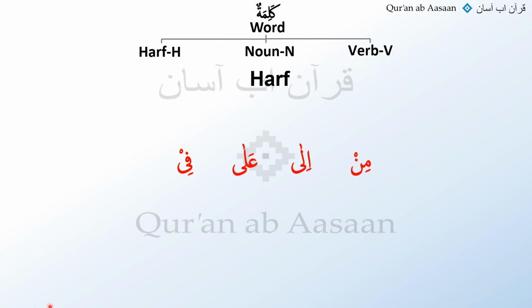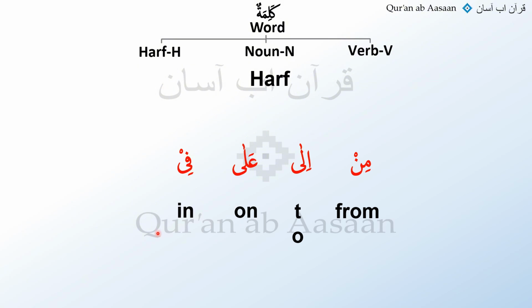Some of you have already written in the chat box that they are harf, and you may not remember now clearly, but we saw the meanings of these words in our first lesson too. It's okay if you can't recall. I'll show you the meanings again. So fi is in, ala is on, ila is to, don't mind the o dropping down, and min is from.